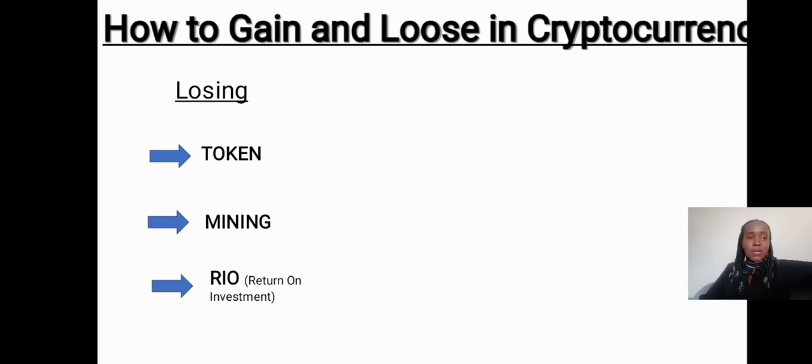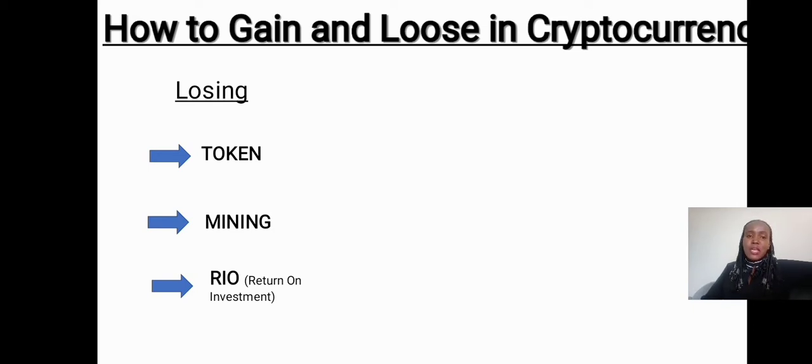Now it has come a time they have to pay back the 300% return they promised you as an investor. Here they have two choices: either to pay that money at 300% or to disappear. You have to agree with me that disappearing is the easiest way. So these companies will come, maybe change the mode of payment.